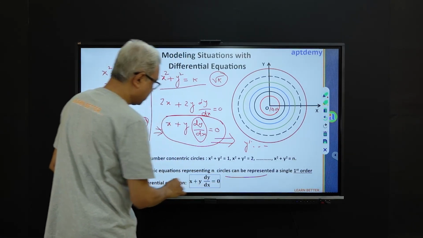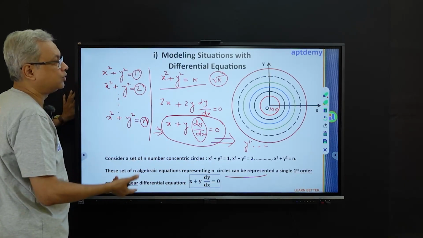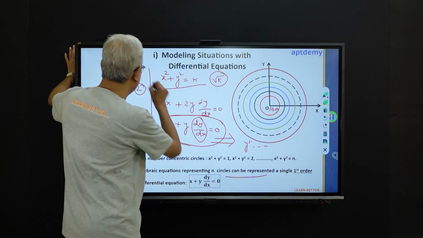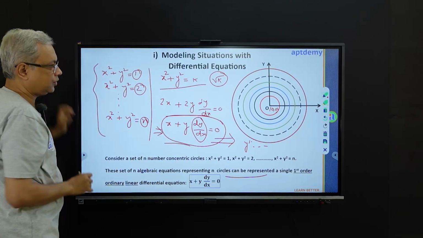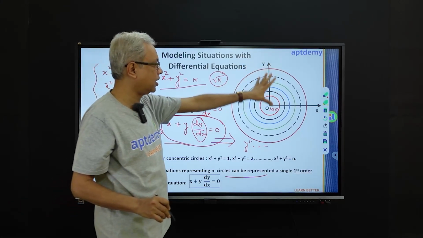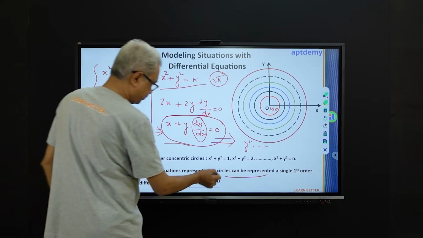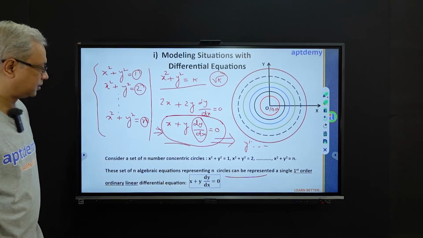So this equation represents a set of concentric circles, and this set of n concentric circles can be represented by a single differential equation like this.